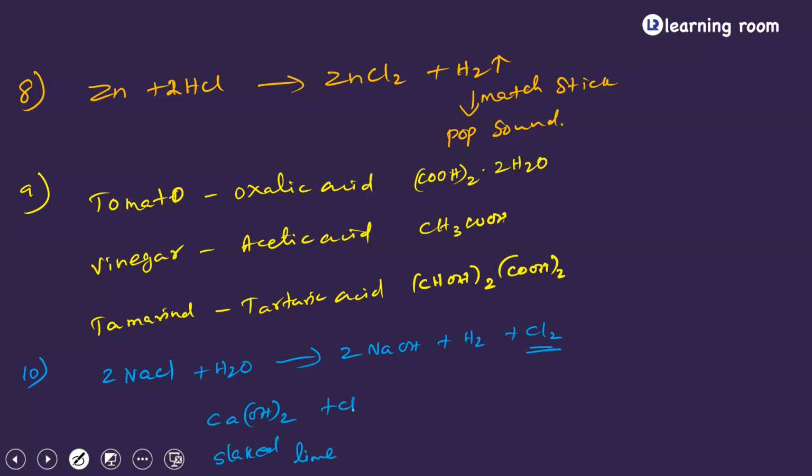With the chlorine gas, it will give calcium hypochlorite plus water. So the calcium hypochlorite is the bleaching agent. Okay. What's the question?